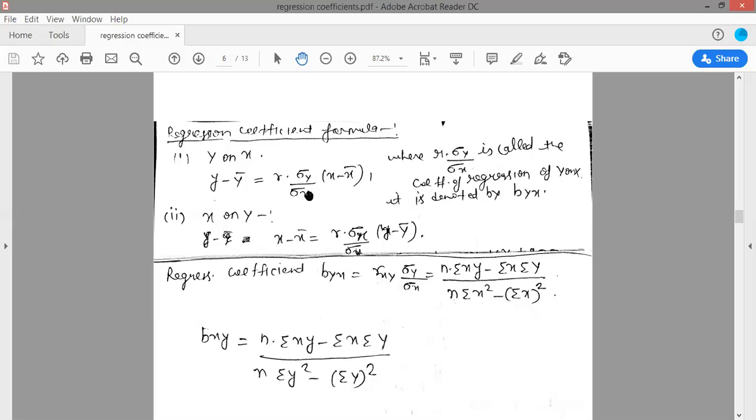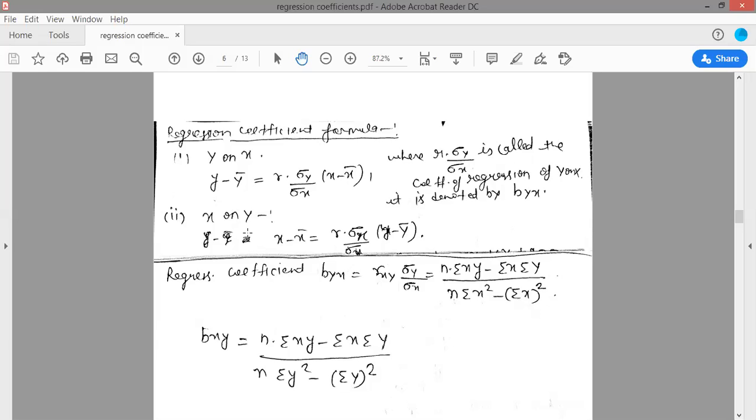This term, r into sigma y upon sigma x, is called the coefficient of regression of y on x, and it is denoted by b y x.